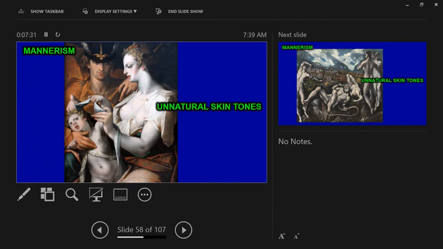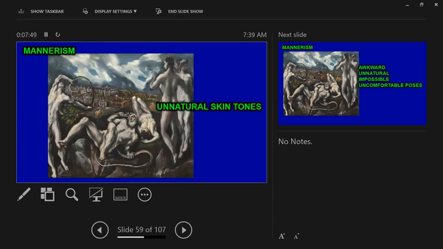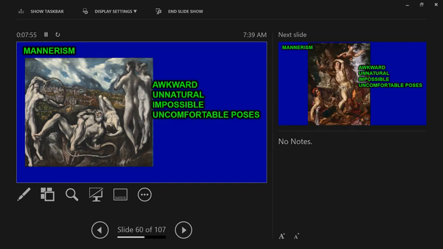Another characteristic of mannerism is unnatural skin tones. And then the big one is awkward, unnatural, impossible, and uncomfortable poses.